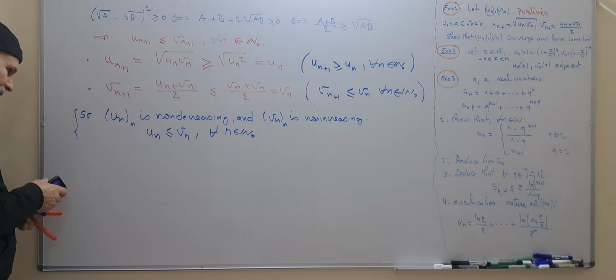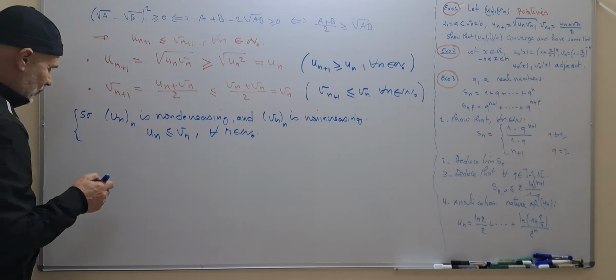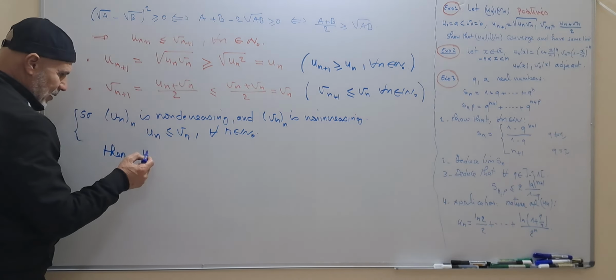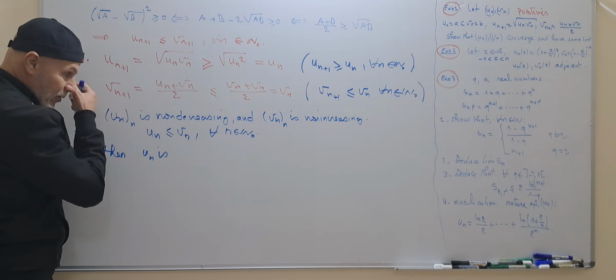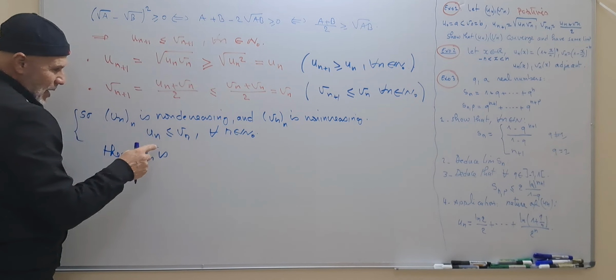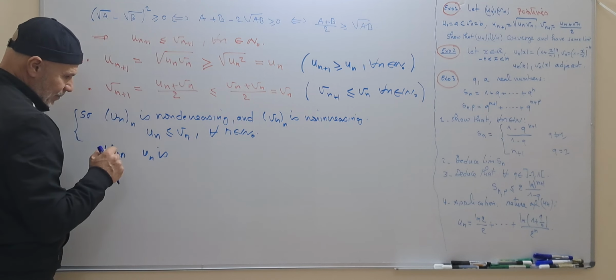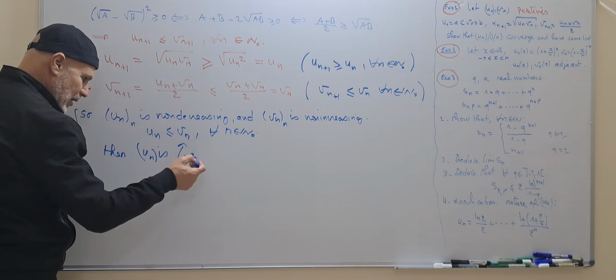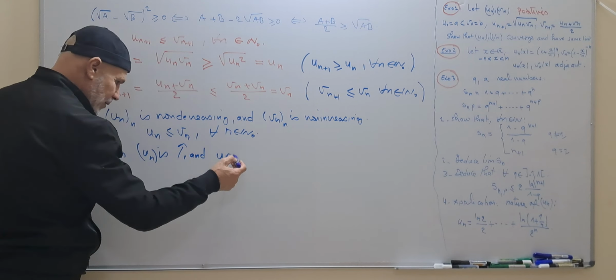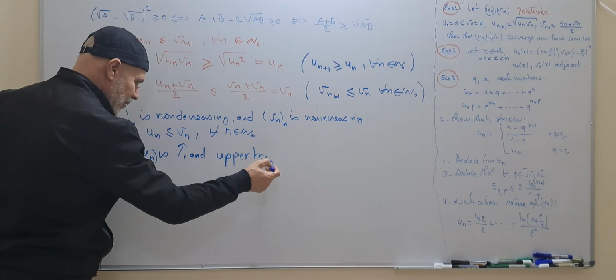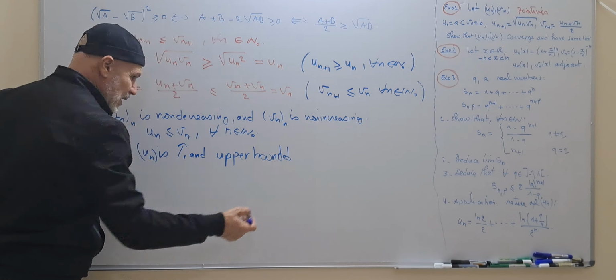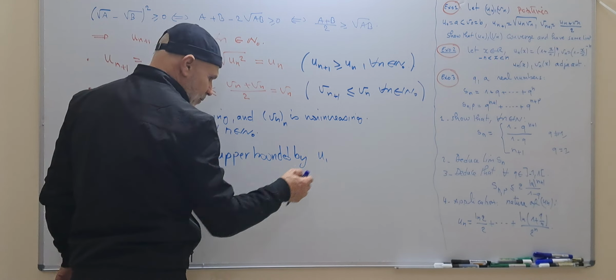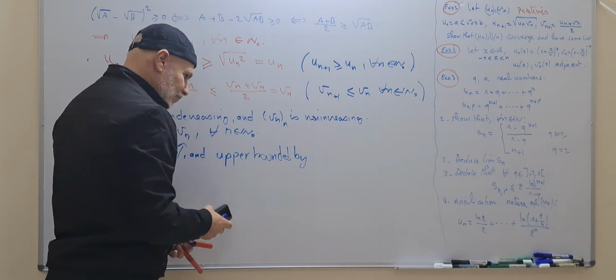Then un is non-decreasing and upper bounded, for example by v0.